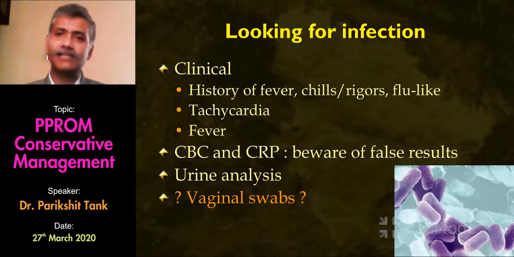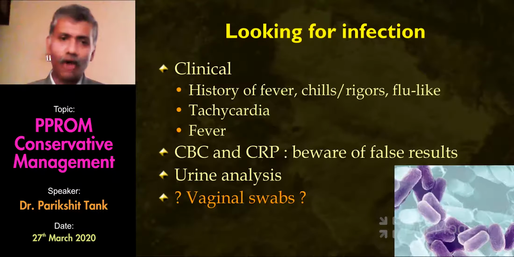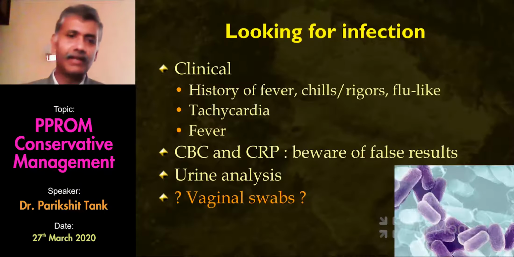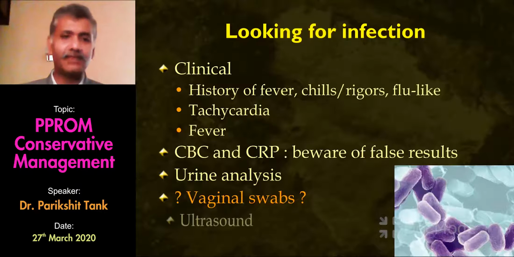Typically, the results from a high vaginal swab are available only after 48 to 72 hours, by which time either the woman has delivered or we have already initiated the basic antibiotic therapy. So what do we do with those results is a question that does not have a very clear answer.